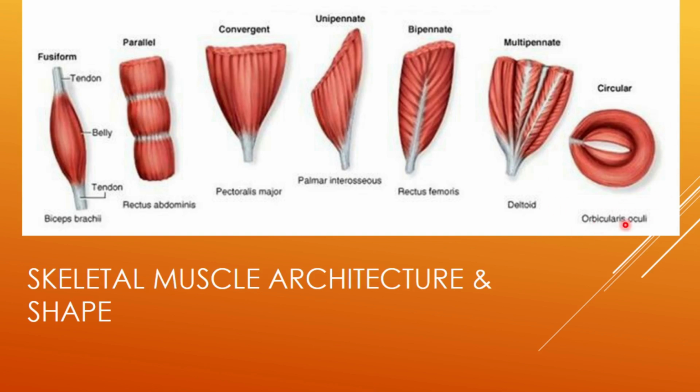You also have one that surrounds your mouth, your orbicularis oris muscle, again a circular muscle that surrounds your mouth, forming a sphincter. When you pucker up your lips, it is your orbicularis oris muscle, a circular muscle, that is creating that movement.